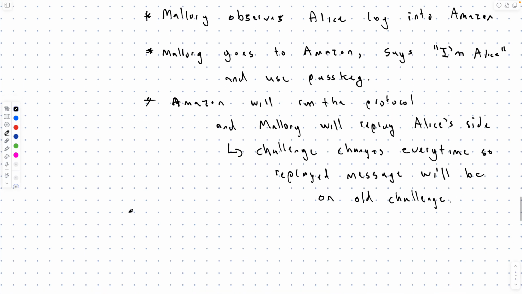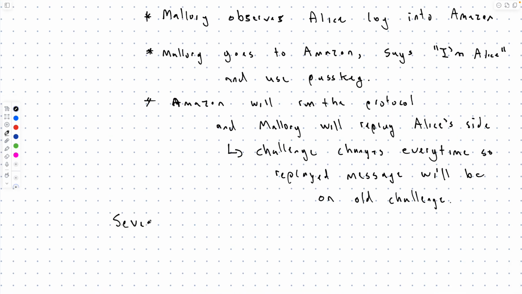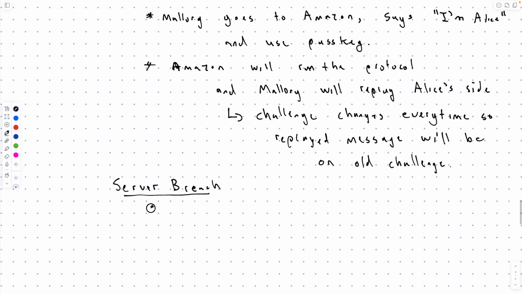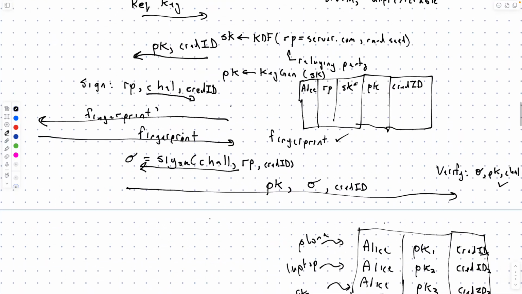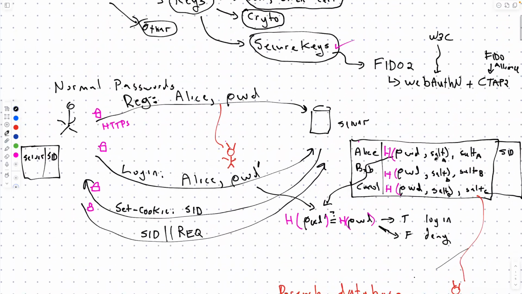And then the final attack we can think about is a server breach. So Mallory steals all data from the server. So in classical passwords, that's where I get everyone's passwords, and that's why we're hashing and salting and things like that.